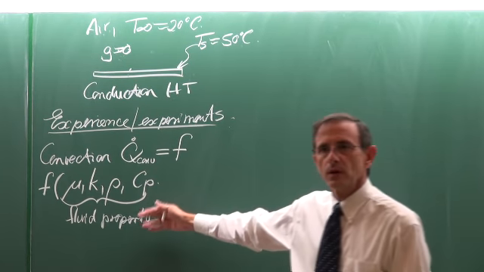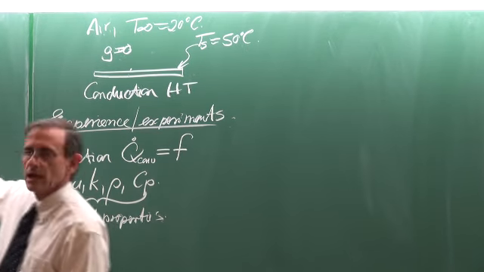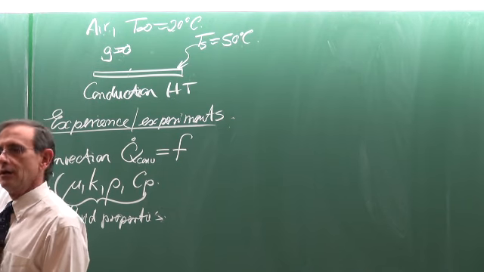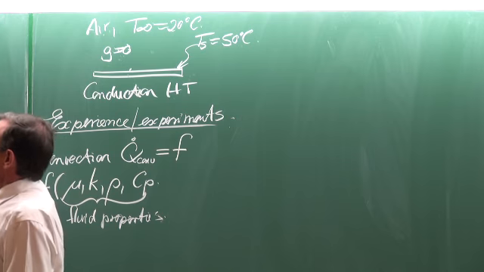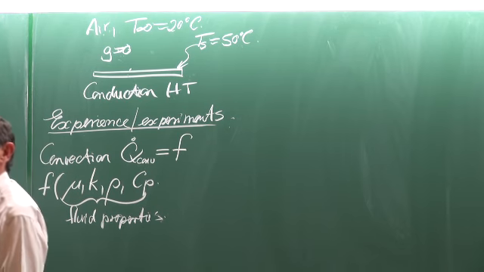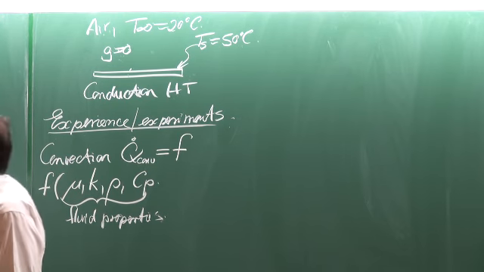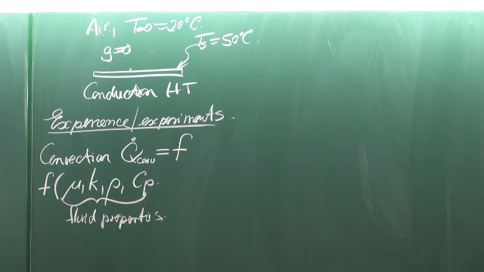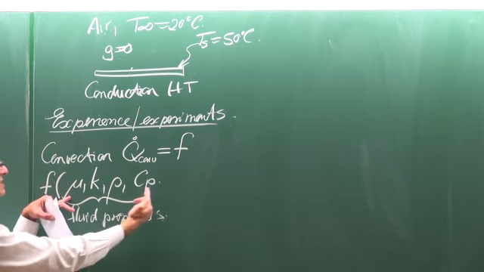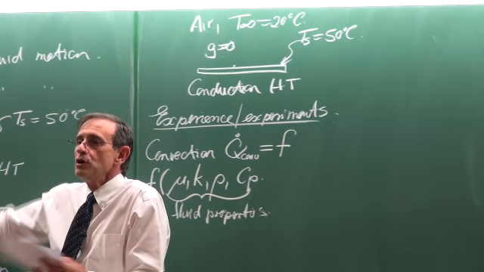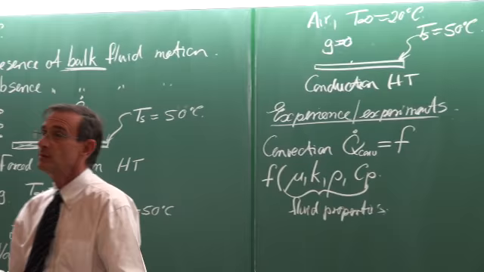So from experiments, we know that if we do this experiment with water, with air, then we get different results. If the air is at a temperature of 20 degrees Celsius, in comparison with 400 degrees Celsius, it's going to influence these variables, and because of that, the heat transfer rates are going to be different.